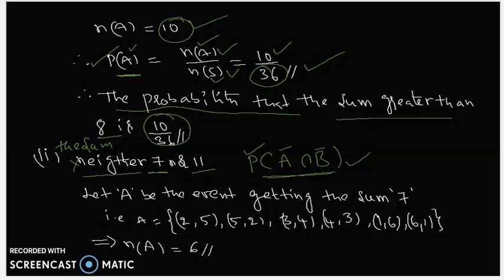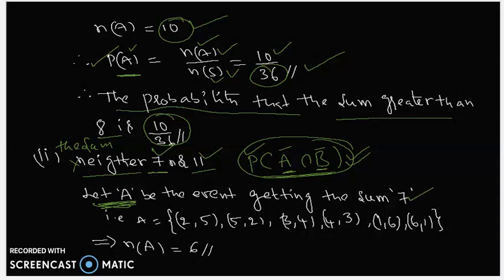So to apply this problem to this formula, here A is 7, B is 11. To find the value of this problem, we are going to construct two events. First event is capital A. Let capital A be the event of getting the sum 7.